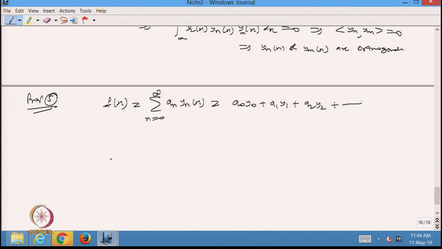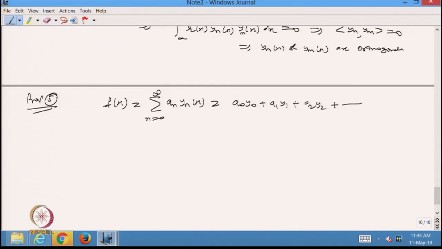And what are y 0, y 1, y 2? These are the eigenfunctions. So I am able to write a function f x as a series solution in terms of y n x. Also we know that y 0, y 1, y 2 are all orthogonal functions.